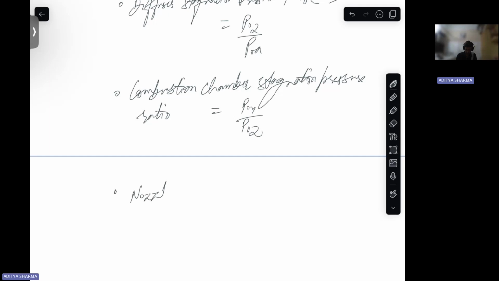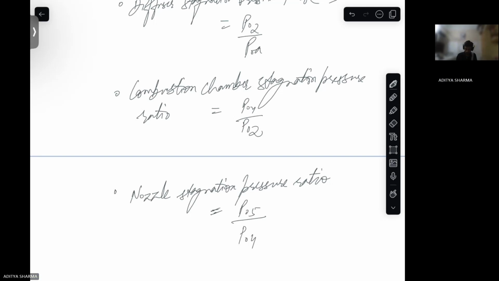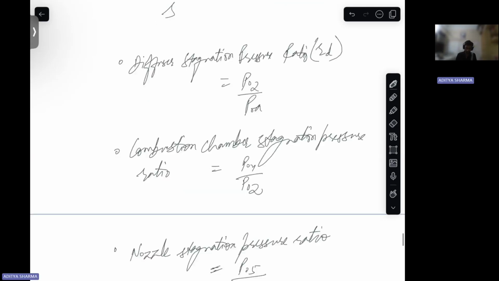Then third is nozzle pressure ratio, which is equal to P05 by P04. Right?